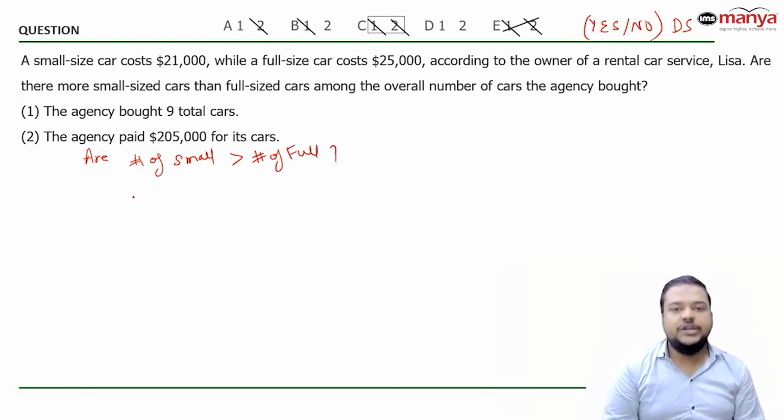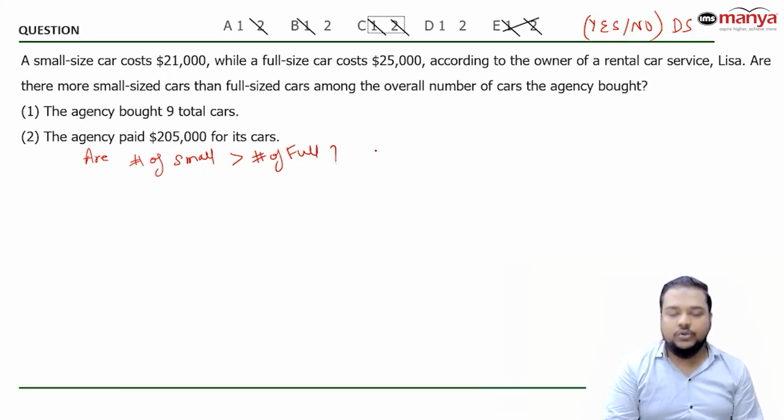Always remember, a statement will only be sufficient if it is able to give us a definite yes as an answer to our question, or a definite no, but not both. Let's see this in the question. Let me write down the other information given here.